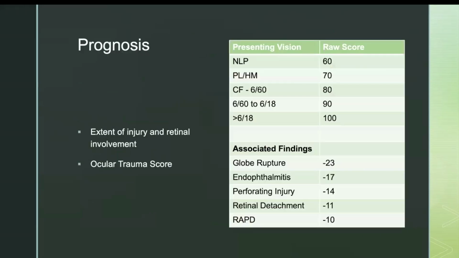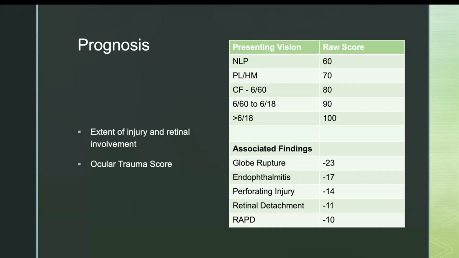Now, the prognosis of your injury tends to depend on the extent of the injury itself and the involvement of your retina. The ocular trauma score gives you an idea of prognosis. 100 is obviously going to be the best prognosis, 0 is your lowest. The biggest thing that is factored in is the initial presenting visual acuity, and then whether or not there are any associated findings. So you give them a score.